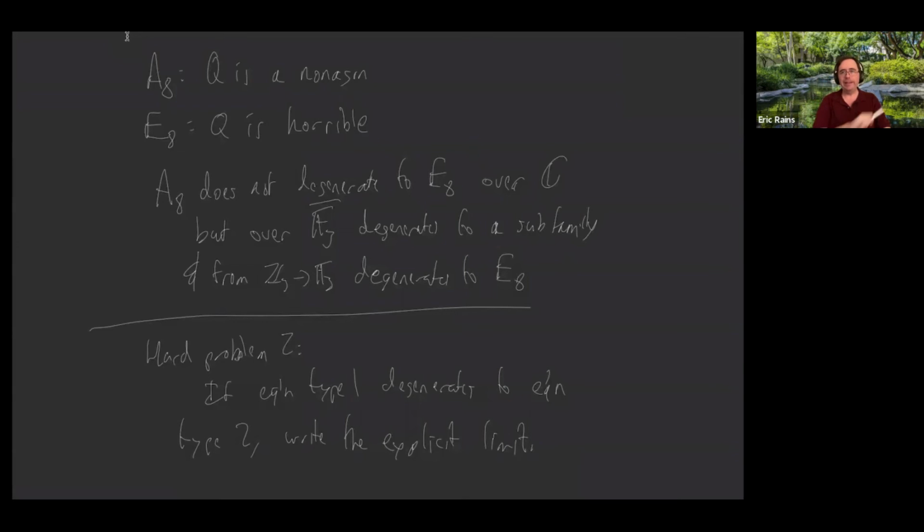It doesn't tell you anything about how to get the limit. Now, probably if one were really careful, you could get this to work. But because problem 1 is already hard, it's not necessarily that easy to write down the surface of type 2 as a limit of surfaces of type 1. And if you can't even do that easily, certainly getting the equation limit is going to be hard.